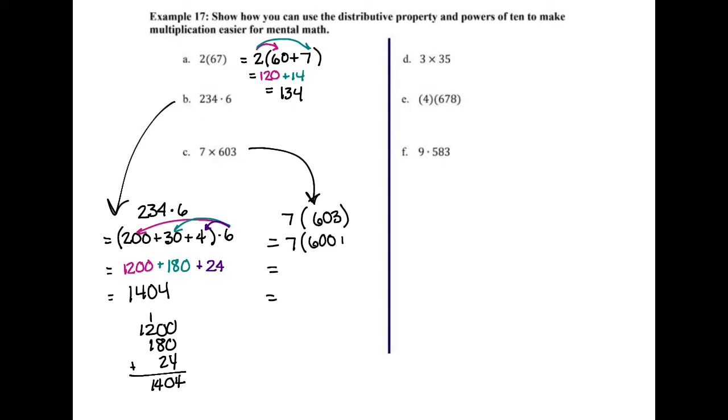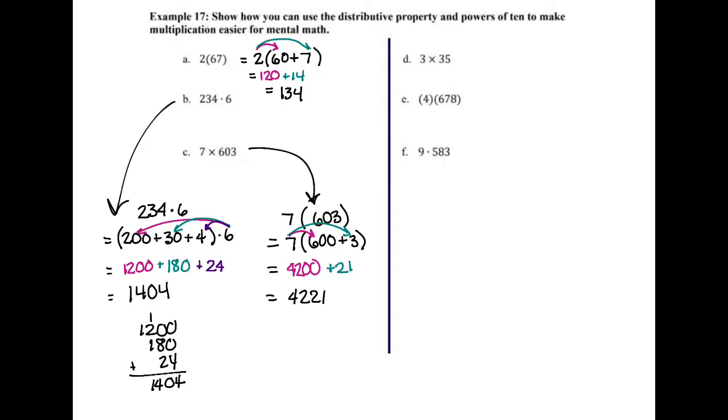So 603. And that's pretty easy. So 7 times 600. 7 times 6 is 42, and then 2 zeros. 7 times 3 is 21. Add those up, that's pretty easy, because the 21 replaces the 2 zeros, right?